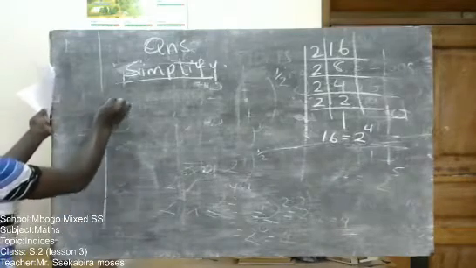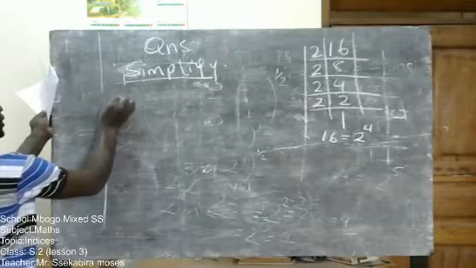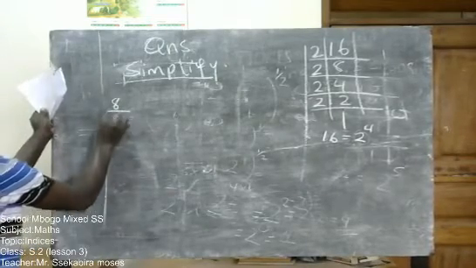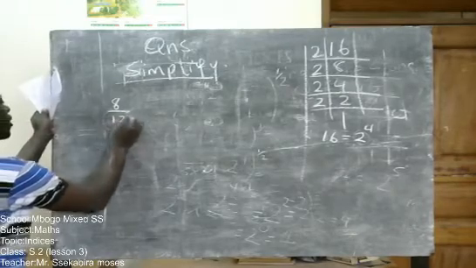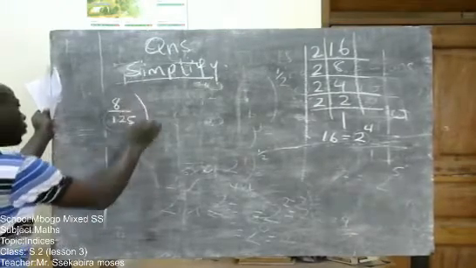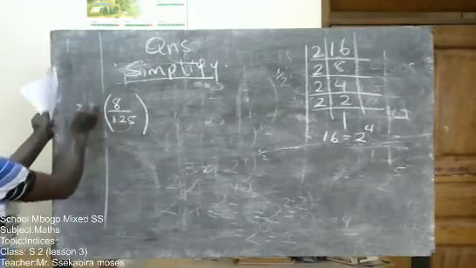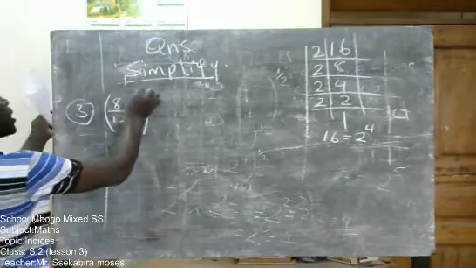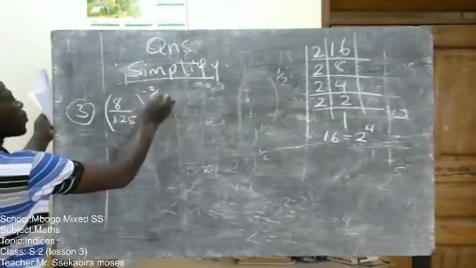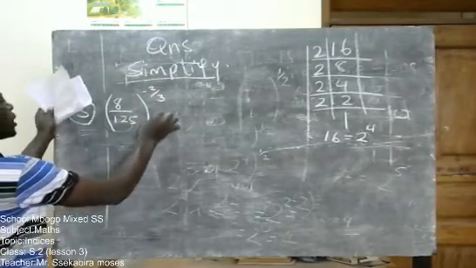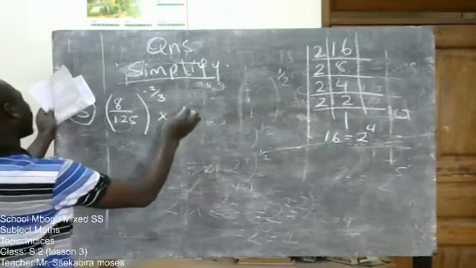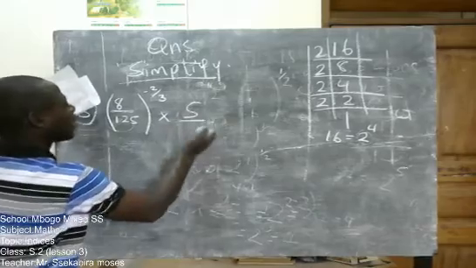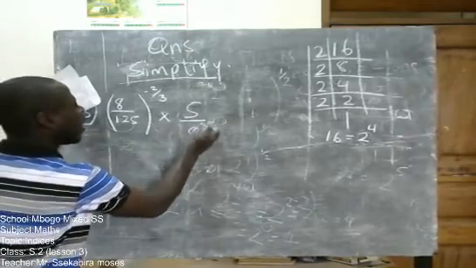What if you are given a question like 8 out of 125 to power -2 out of 3, times 5 out of 8 to power a half?